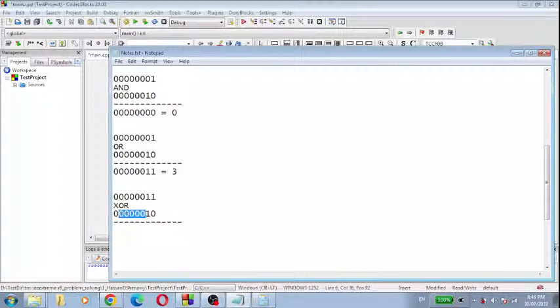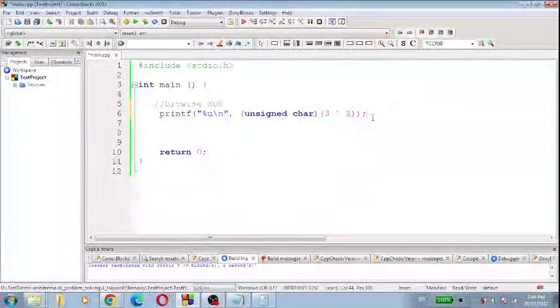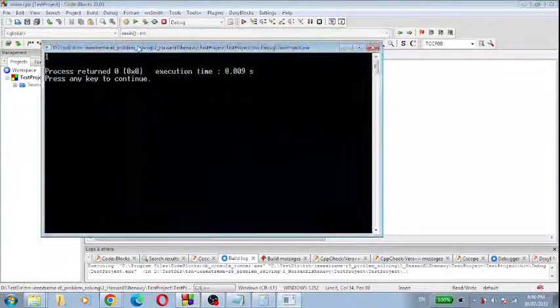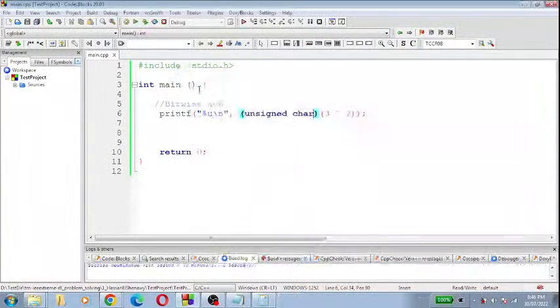All of these are going to be XORed with all of these, so they are going to be zeros, as they are the same. And here I have 1 XORed with 1, which is going to be 0. And now I have 1 XORed with 0, which is going to be 1, and this is 1 in decimal. So the result is 1. What happens if I run my code here? 3 XORed with 2. I have 1, so it's true.